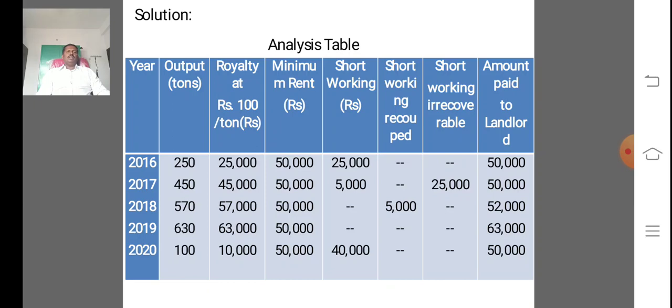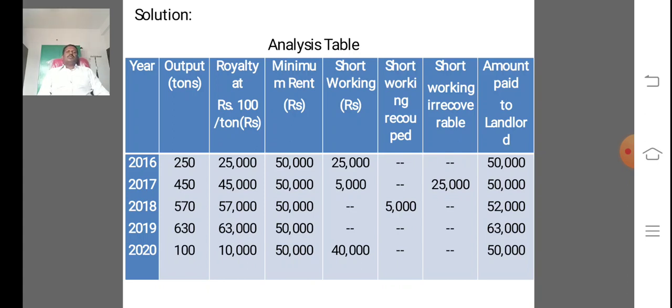So in the second year, no surplus. For that reason, 25,000 of short workings is not recoverable, so transferred to irrecoverable account, and 50,000 to landlord.